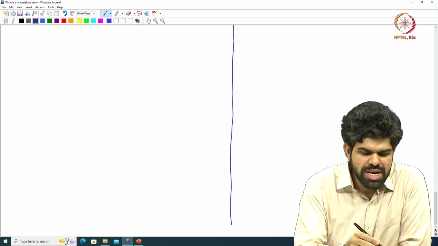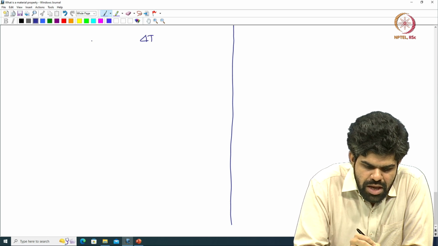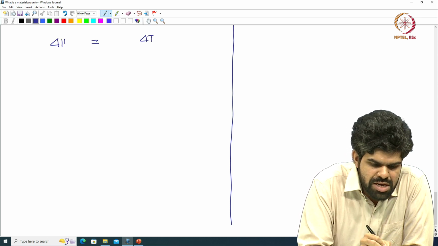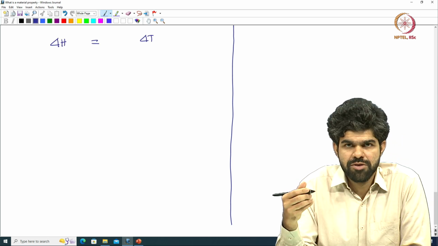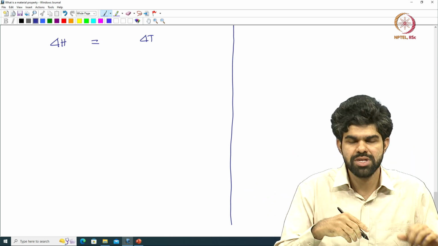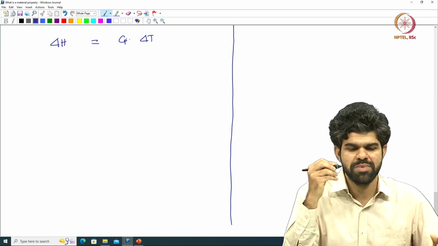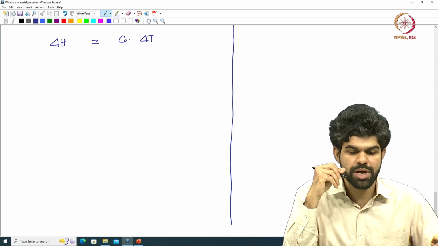For example, if I change temperature at constant pressure, changing temperature changes the enthalpy of the material. How does it change enthalpy? It is through Cp. So I said Cp is a property.